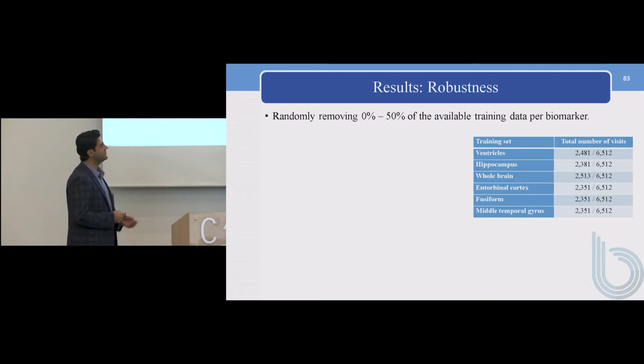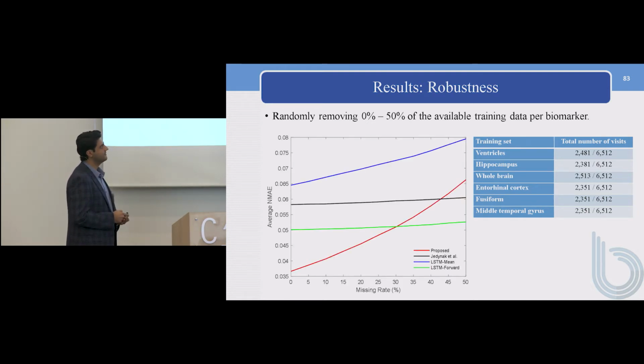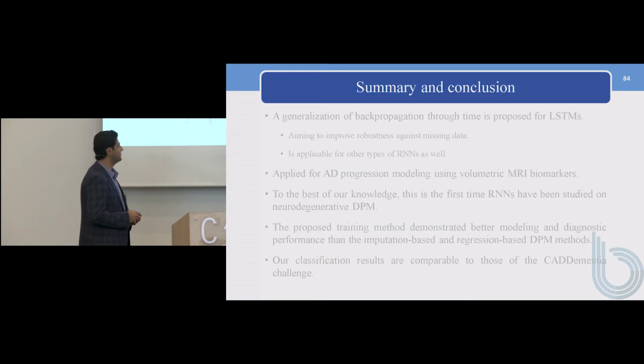So we start from this point and go up to 50% removal. And these are the results of the robustness. As you can see, up to 31%, our method works better than other techniques. Afterwards, LSTM with forward selection outperforms our method.